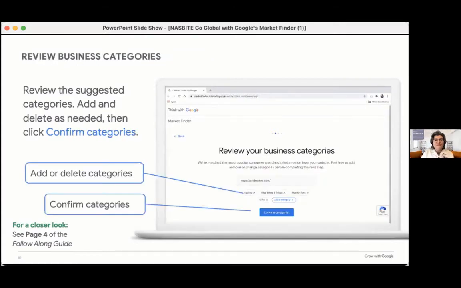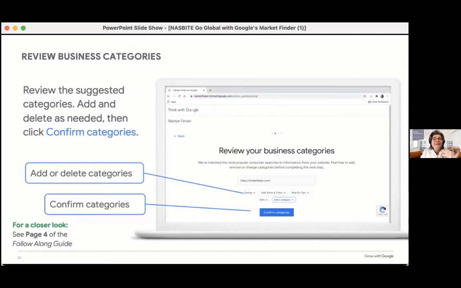Now, take a look at the categories that it will present to you. These reflect the information based on popular online searches and the content on your website. MarketFinder will use this information to lead you to potential markets for your business, but you need to research them.